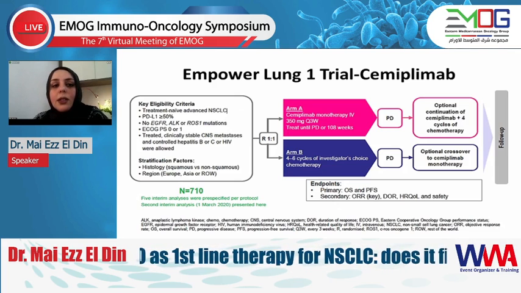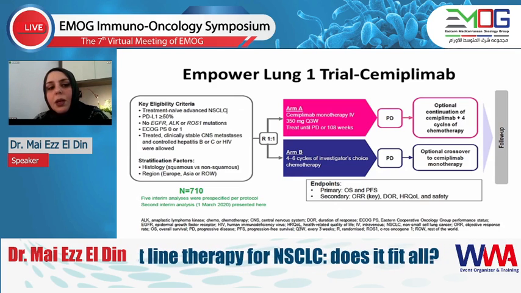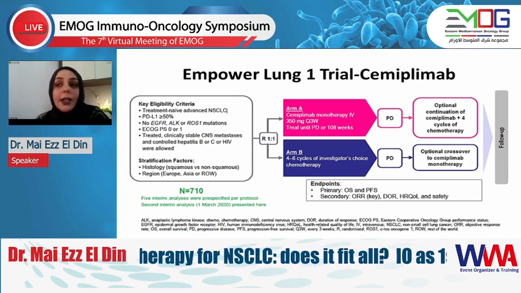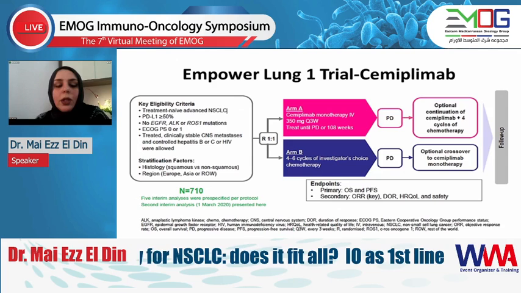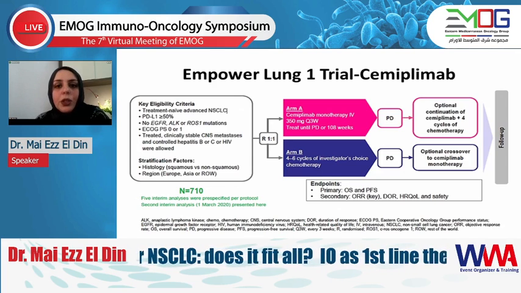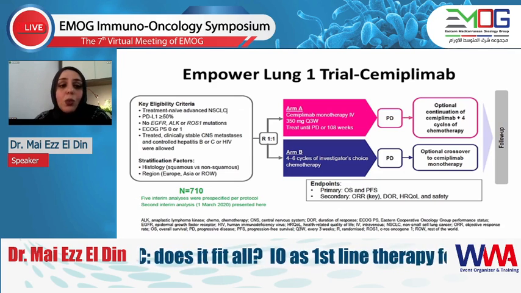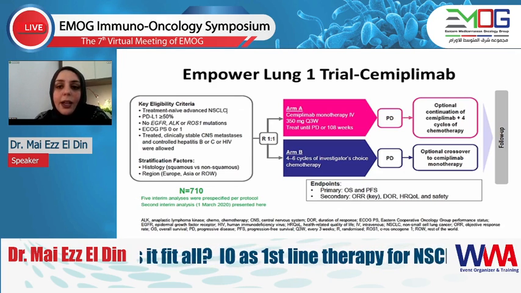Now, this is the EMpower trial with an E, cemiplimab, which was approved in squamous cell carcinoma. And again, I guess you could say it is a me-too trial. Again, PD-L1 expression over 50%, but it has been praised that it had more real-world representation, more regions of the world were represented, and a higher percentage of patients with clinically stable CNS metastasis, which is again a reflection of what we do see in the clinic.